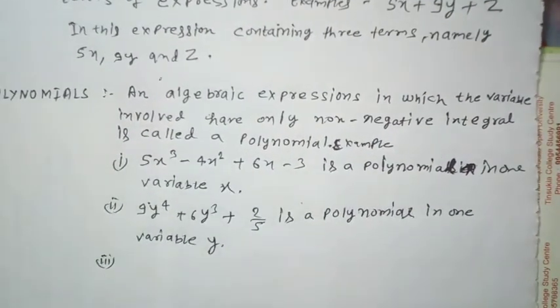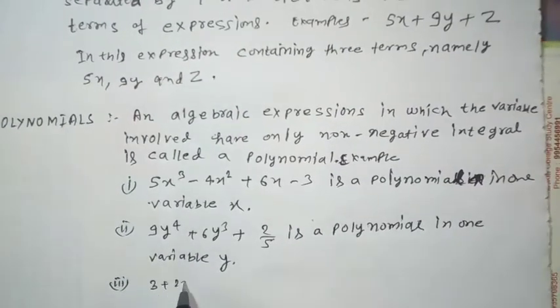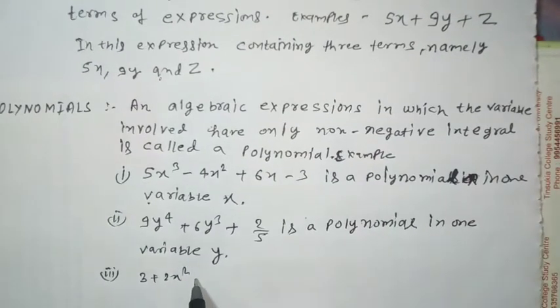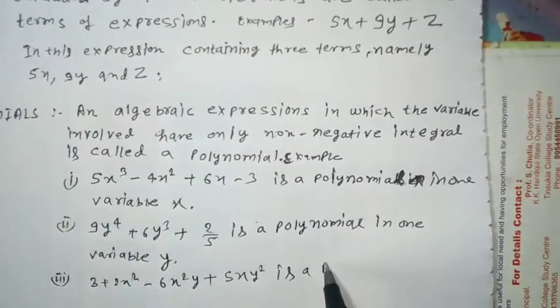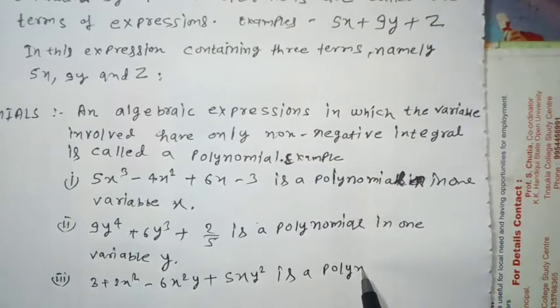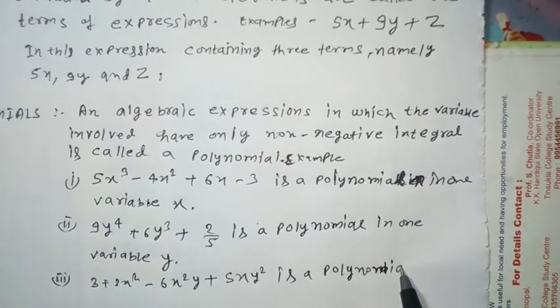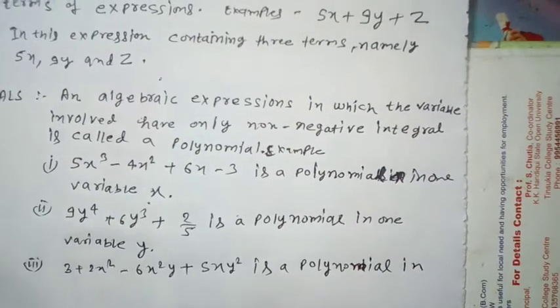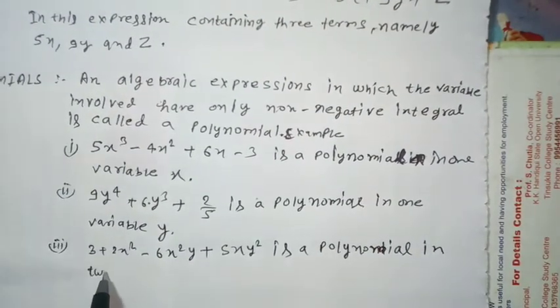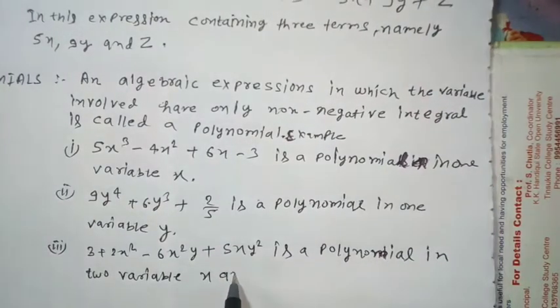3. Suppose 3 plus 2x square minus 6x square y plus 5xy square is a polynomial in two variables x and y.